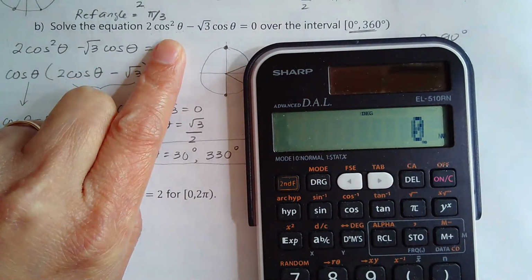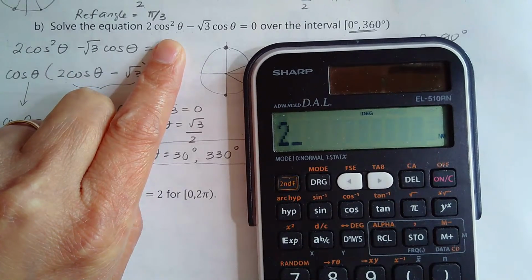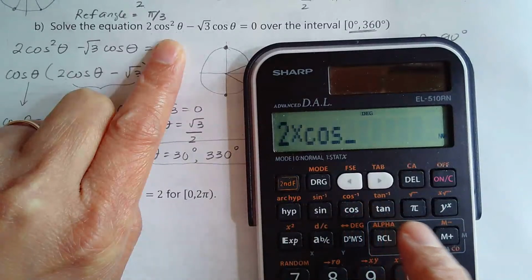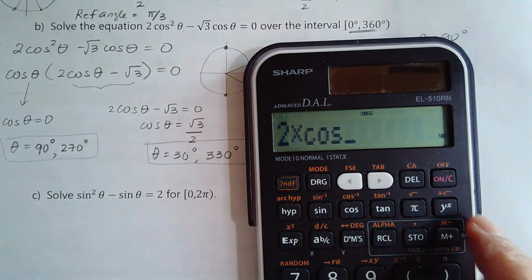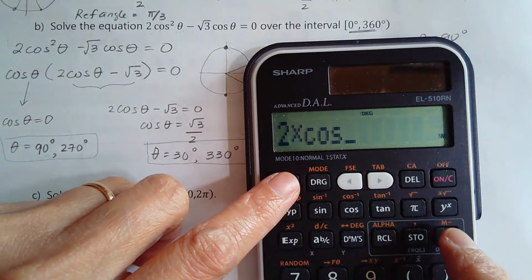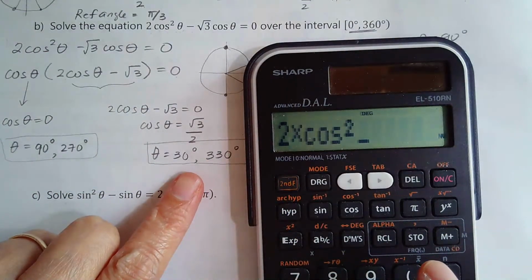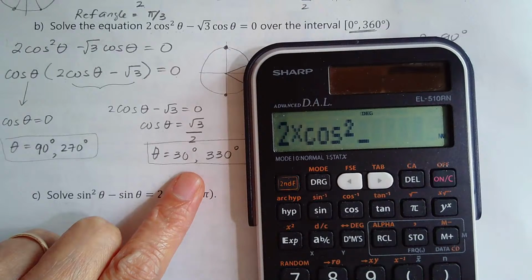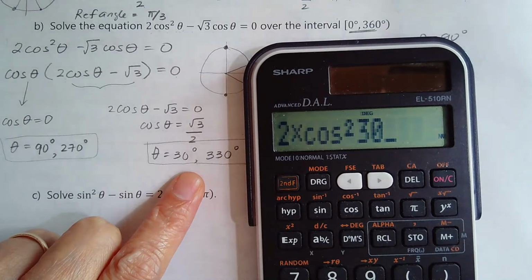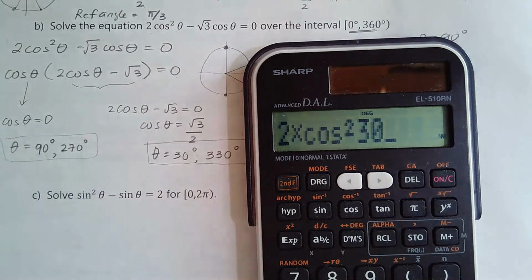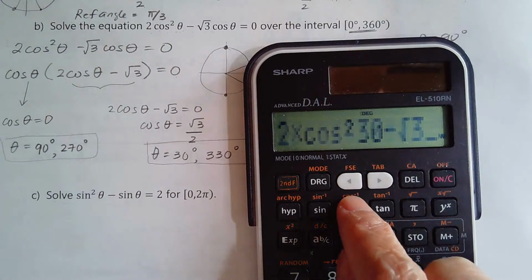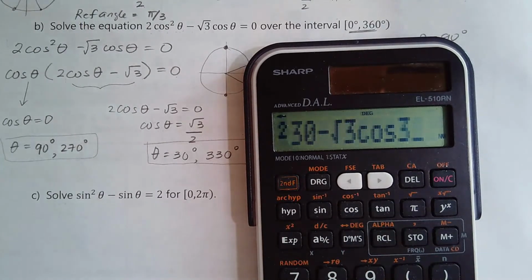Okay, so you go 2 times cos squared, wherever your squared is, of 30 degrees minus square root of 3 cos of 30 degrees.